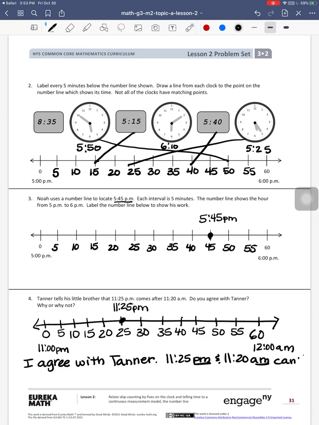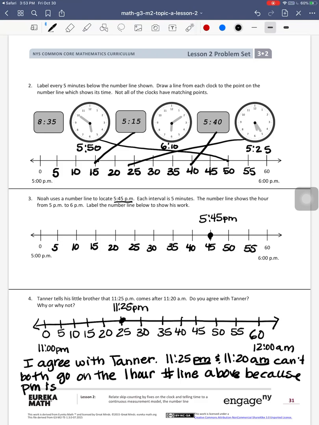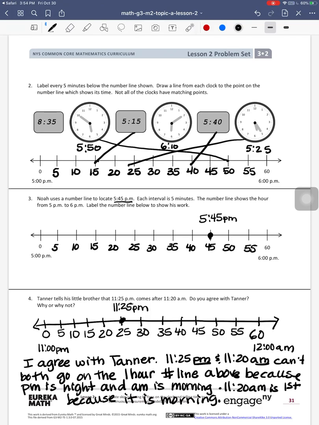Can't both go on the 1 hour number line above because p.m. is at night, and a.m. is morning. 11:20 a.m. is first because it is morning.